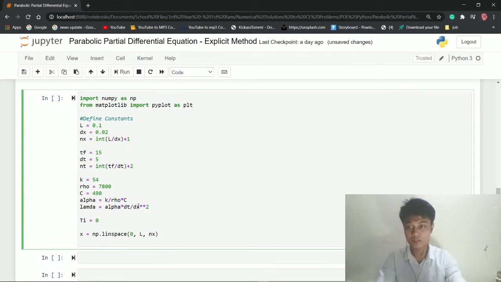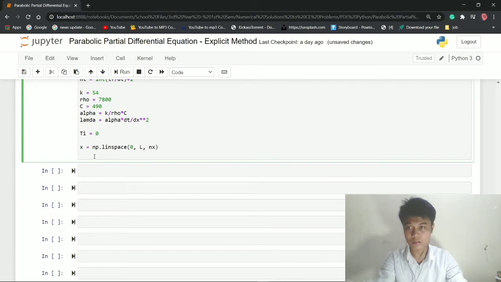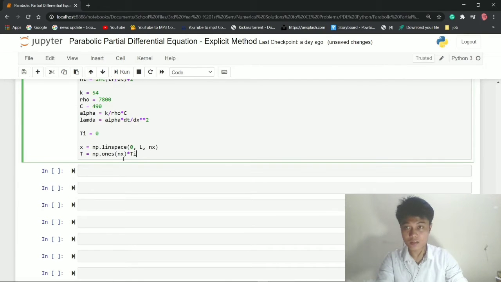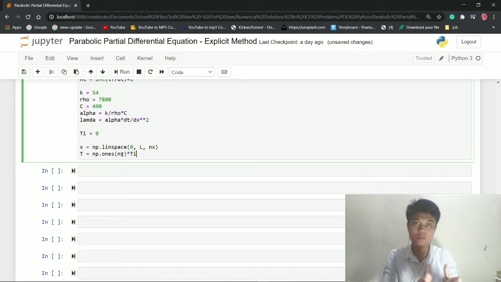And then, we have to define our temperature. This is our result parameter. So, T is equals to np.ones nx times yung ating initial temperature. Yung sinasabi nito is yung temperature at a given node times yung initial na temperature niya.